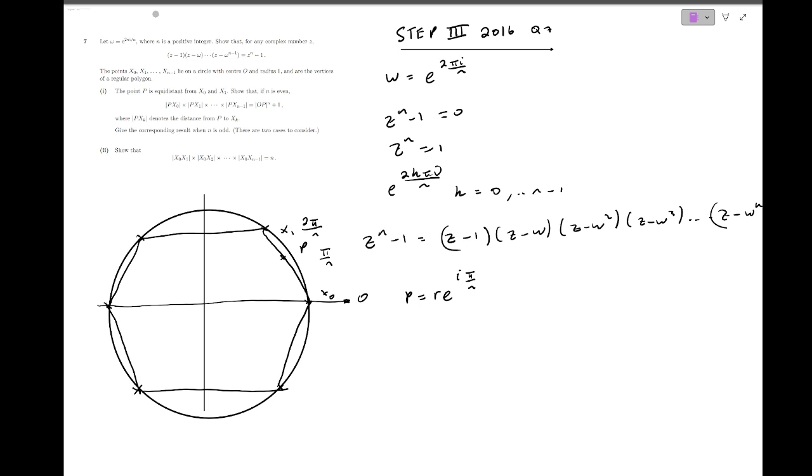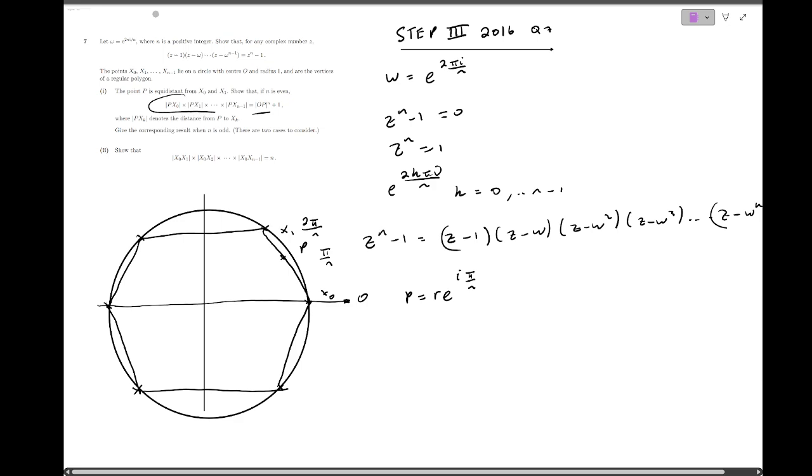But P is going to have a modulus slightly less than 1. We don't know what it is, so we're just going to call it r, and it's honestly not relevant because the modulus of P is just OP here. They don't want us to find out what it is, but we do need to show that this identity holds true.